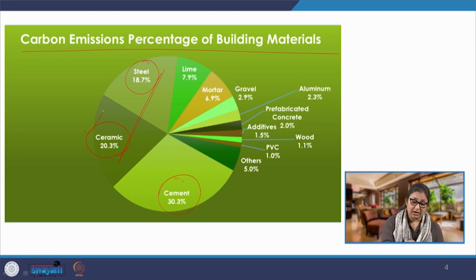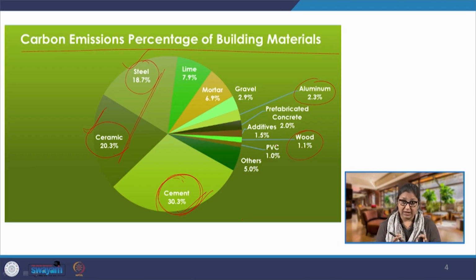So, these are going to be significant, but of course, by virtue of the volume of concrete that is going into our buildings today, cement is significantly higher. There are a lot of other materials, some of which are industrialized products, and some which are not industrialized, though they may require processing, but we have a wide range of these materials which are slightly less significant.